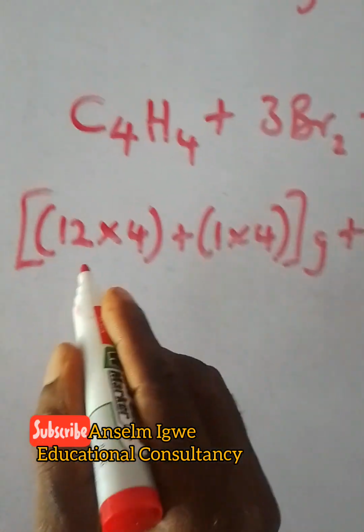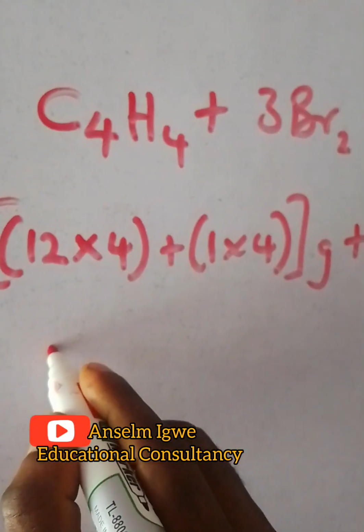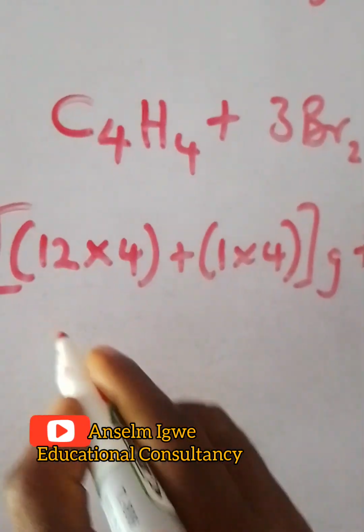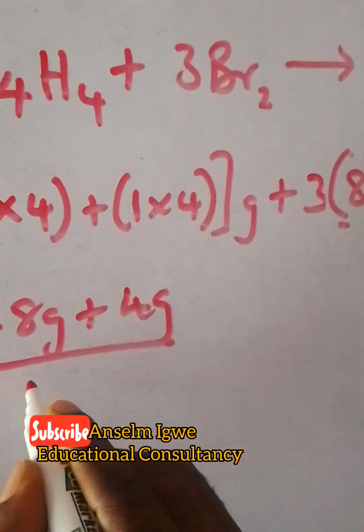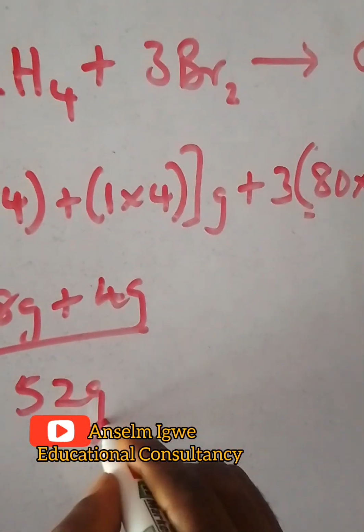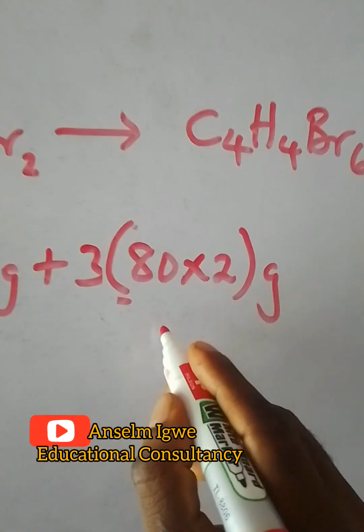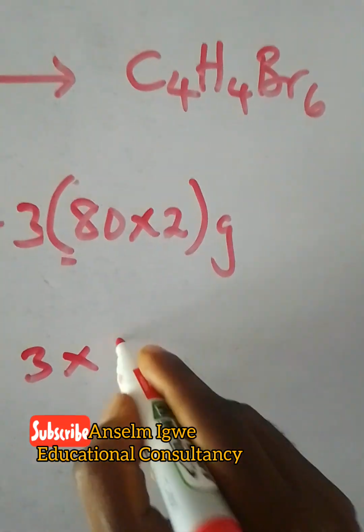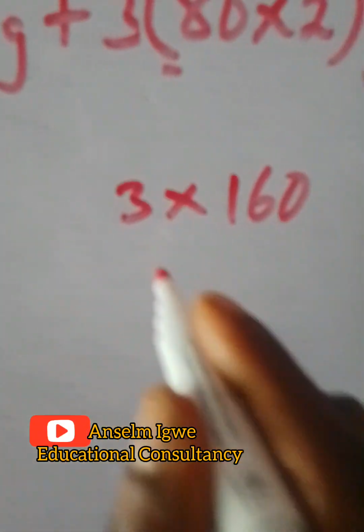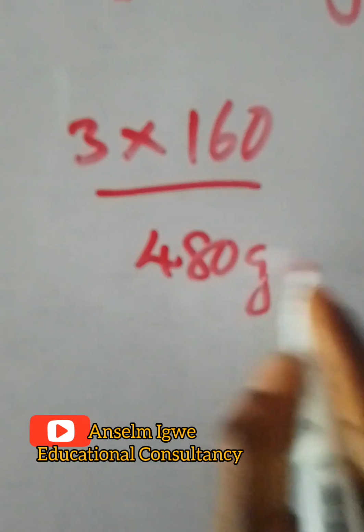So we compare the 2 of them. 12 times 4 is 48 plus 4, that is 52 grams of this compound. Then 3 times 80 times 2 is 3 times 160, and that is 480 grams.